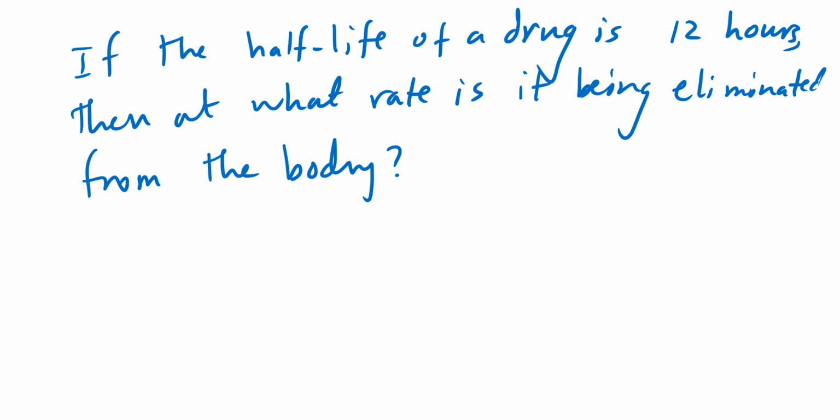So it takes 12 hours for the amount to decay down to a half. What would be the rate of decay here? Well, again, this is A equals A sub 0 e to the rt.